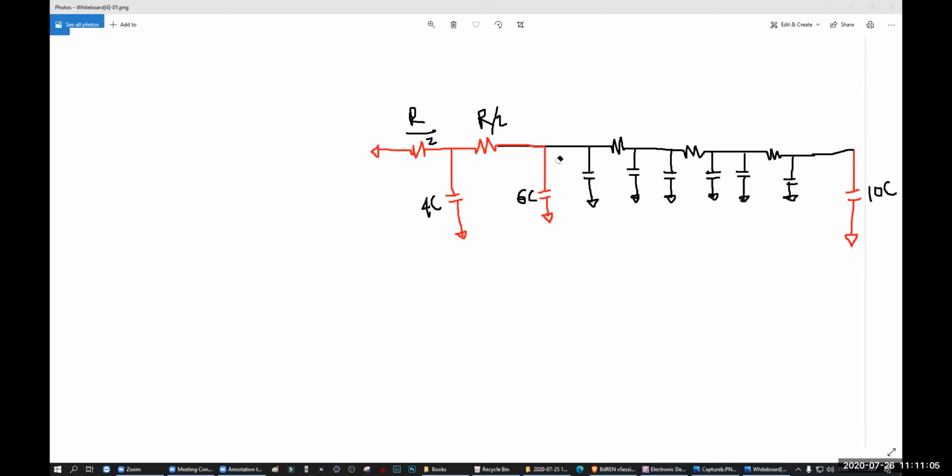Now we have to use the Elmore delay rule and all other things, and we have to use the values. Now what values? This R is the MOS resistance, right? This C is the MOS capacitance.